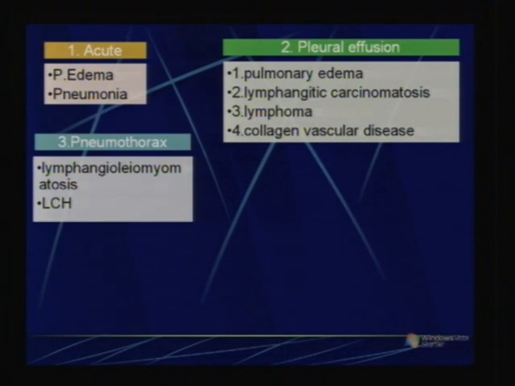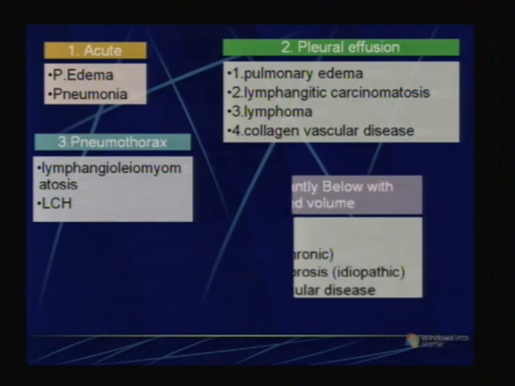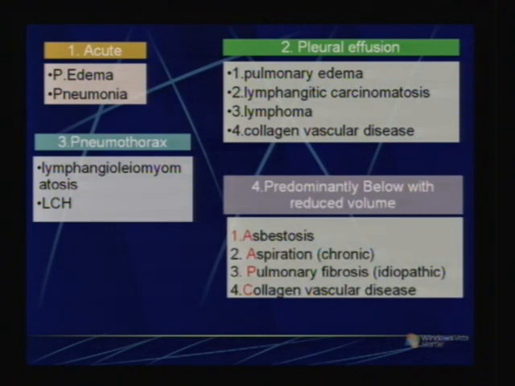Evidence of pneumothorax strongly suggests LAM and eosinophilic granulomas. And if the disease is associated with significant volume loss, as I mentioned to you, which we see in most cases of interstitial lung disease, it is highly suggestive of fibrotic interstitial lung diseases like IPF, collagen vascular disorders, silicosis, asbestosis.